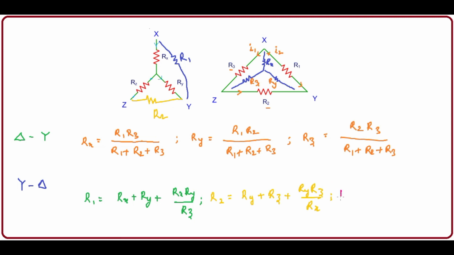Similarly, what is R3? R3 is here. The connected resistors are Rx and Rz. It will be equal to Rx plus Rz plus Rx Rz divided by the unconnected resistor Ry.